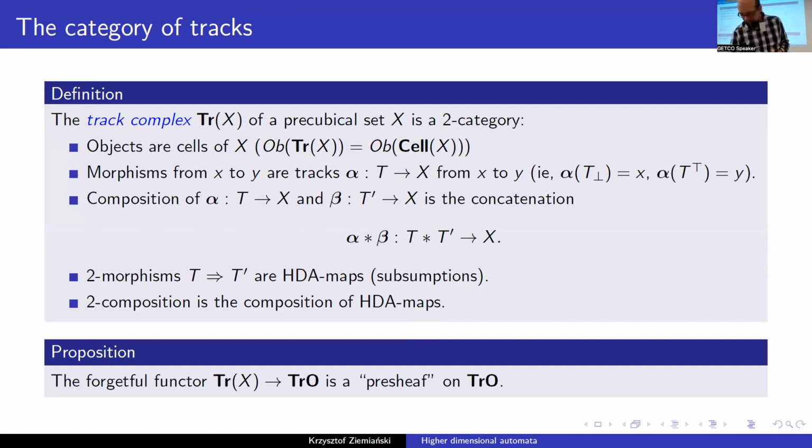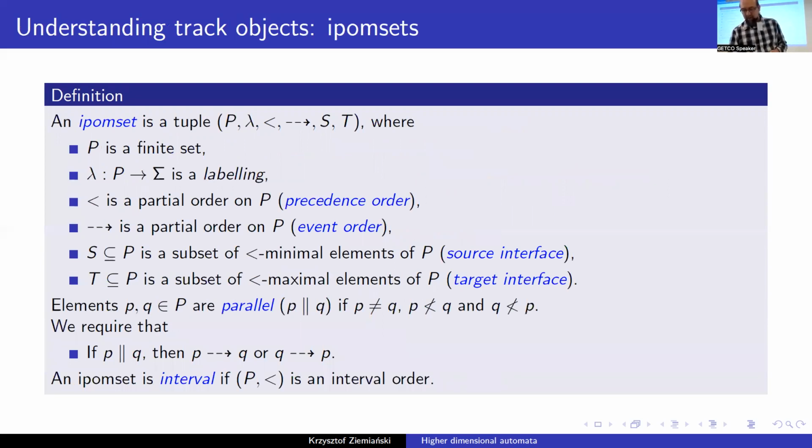Okay, it seems very complicated up to now. So the last thing I want to do, I want to understand what track objects are. And the two-category of track objects is isomorphic to the category I will describe now. So the objects of this category are again LO sets.